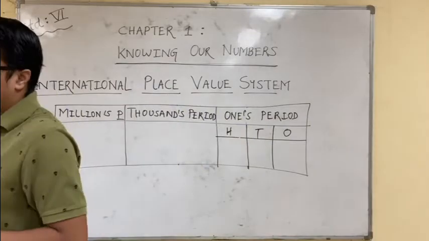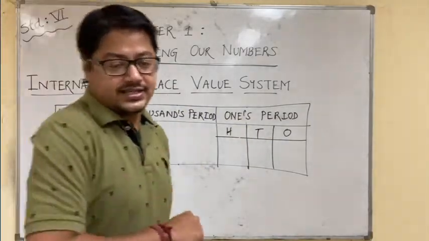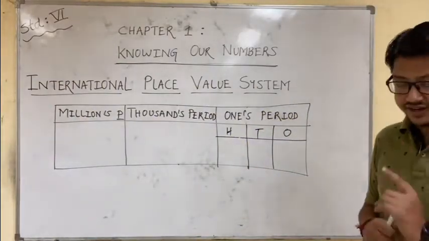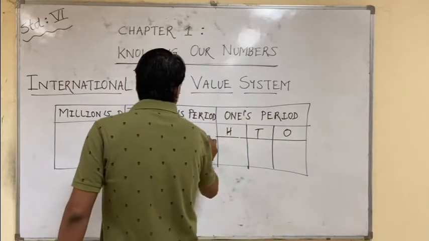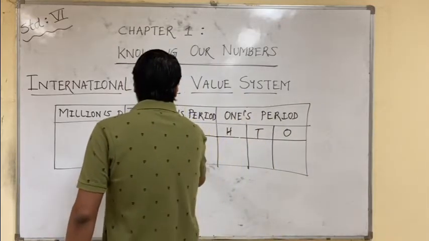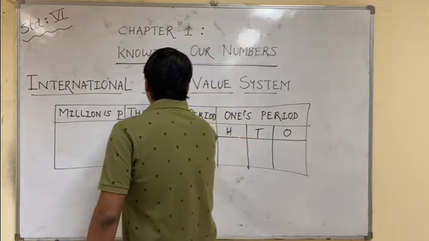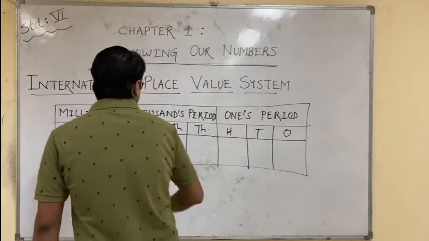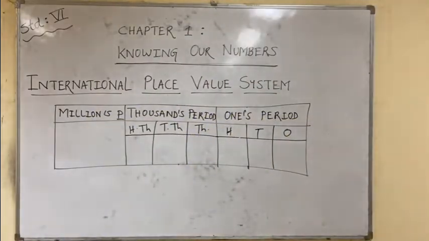Now in the Indian place value system, thousands period had 2 places: thousands and 10,000s. Correct? Here there is a difference. Here thousands period will have 3 places: 1,000, 10,000 and 100,000.